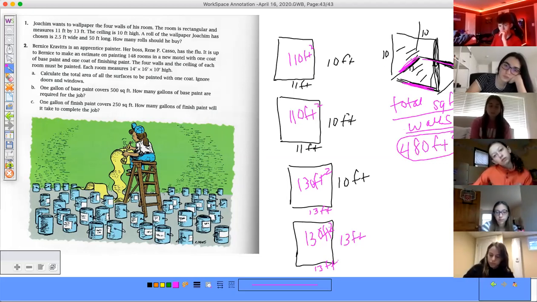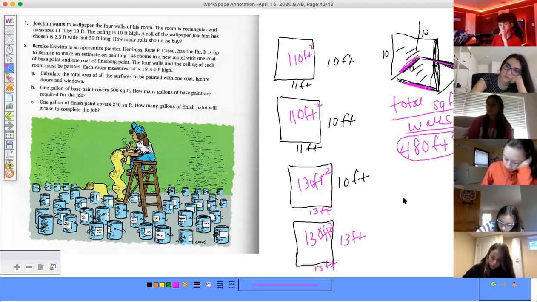Or Joaquin does. So now he has a roll 2.5 feet wide by 50 feet long. So in other words, if he were to roll it out, it would be 2.5 feet by 50 feet, right? How many square feet is that?